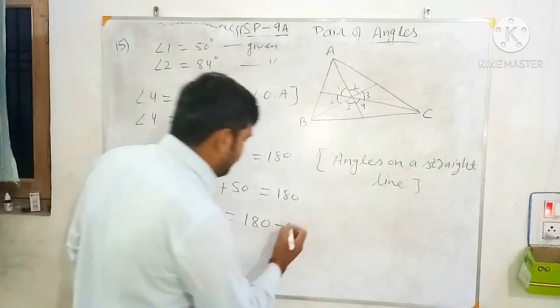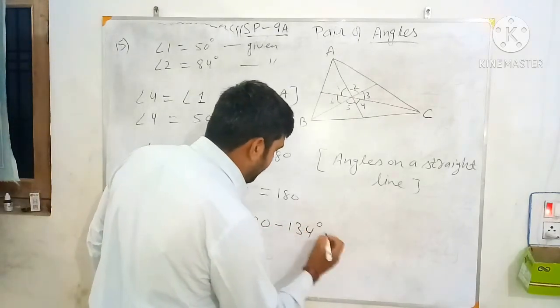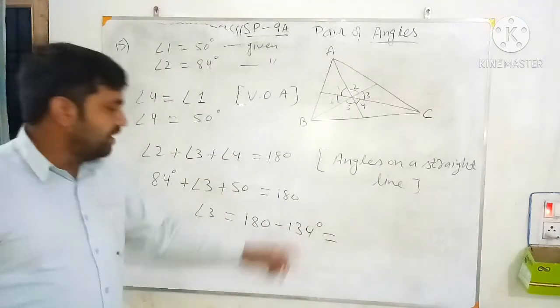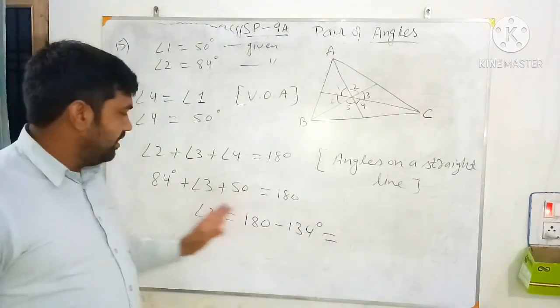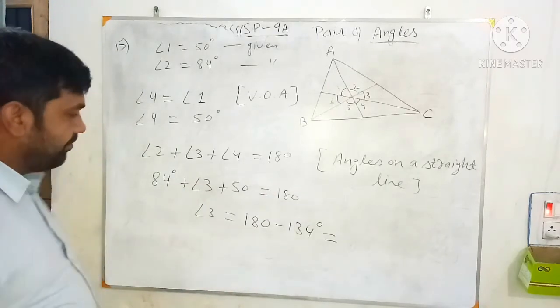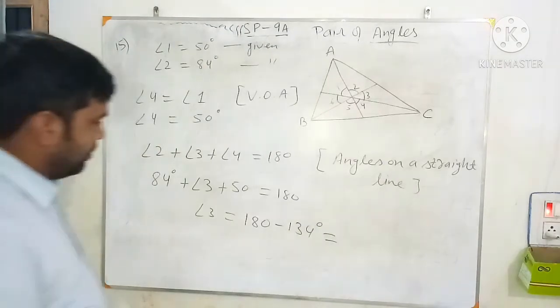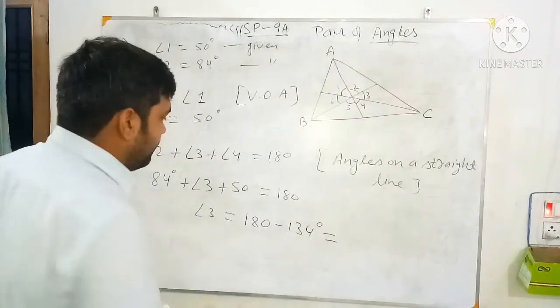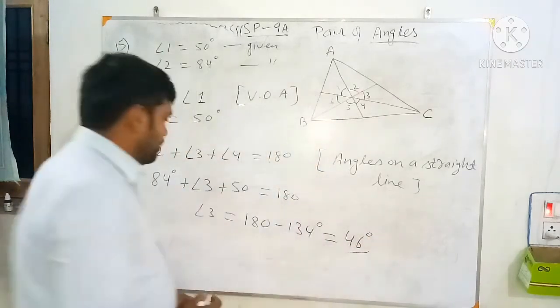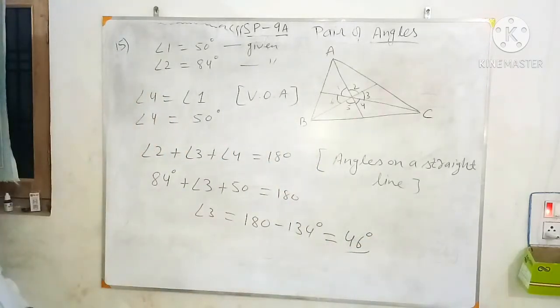So 180 minus 134 degree. When you transfer this 134 to the right hand side, it will be subtracted from 180. Sign will change. So see what you will get here, 46 degree. So the value of angle 3 is 46 degree.